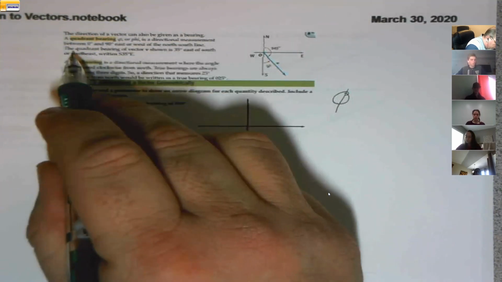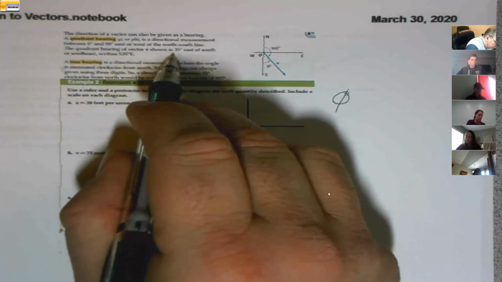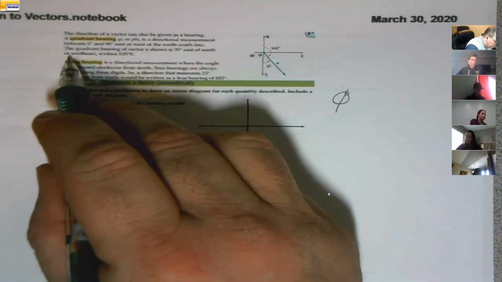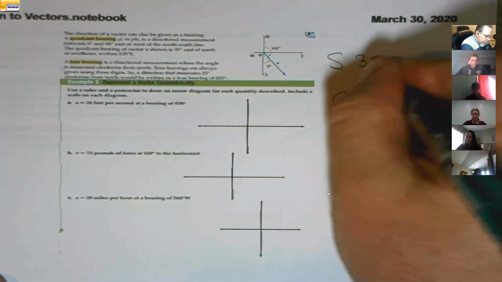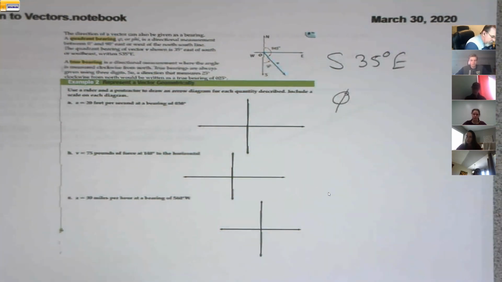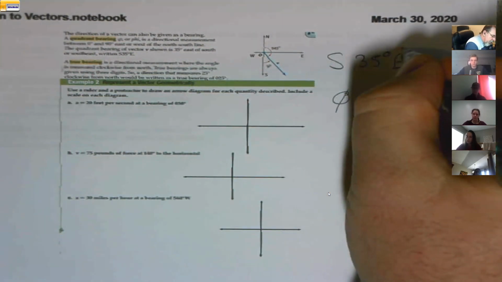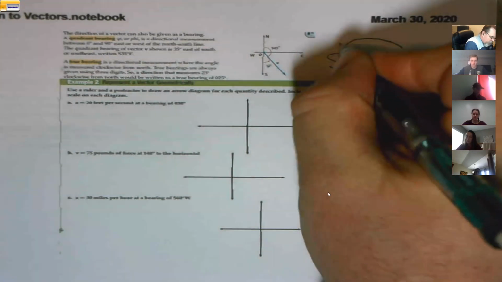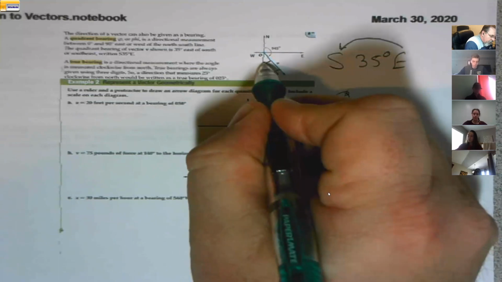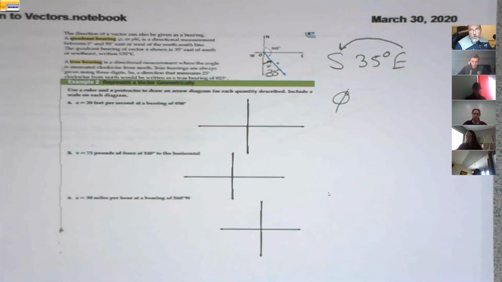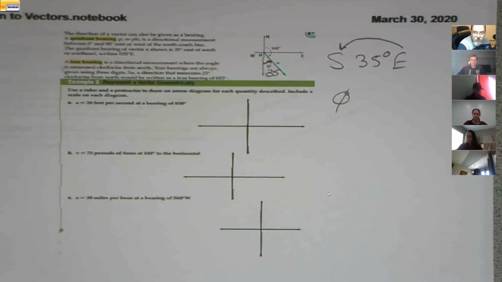The quadrant bearing of vector v is shown as 35 degrees east of south, or southeast, written S 35 E. So this is south 35 degrees east. The way I describe it is I kind of read it backwards. Here's the 35 degrees, and it's on the east side of the south, and that's where you measure the 35 degrees.